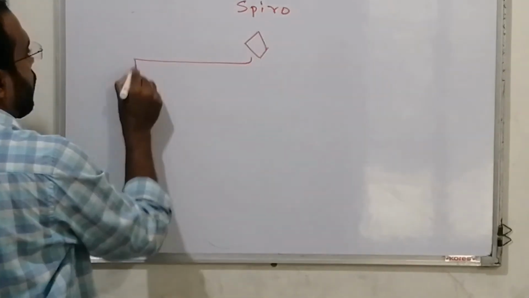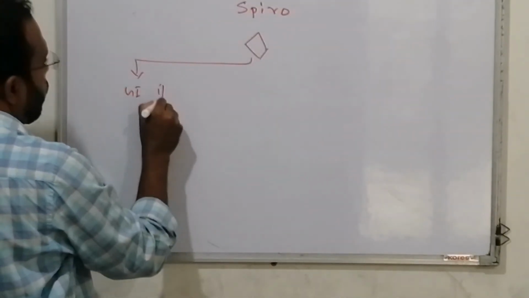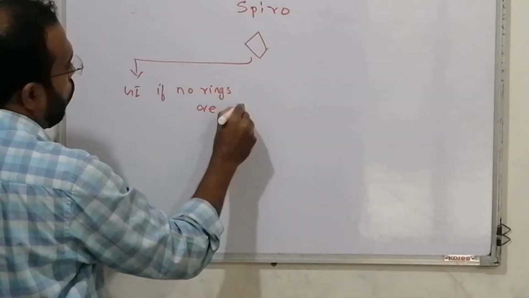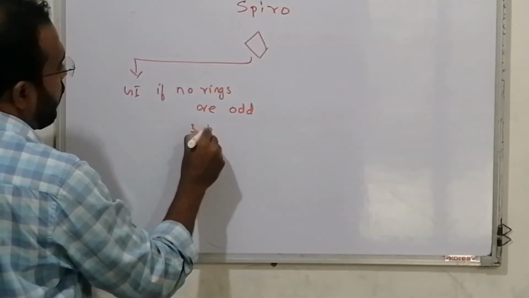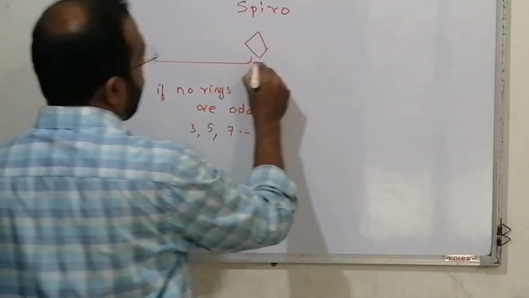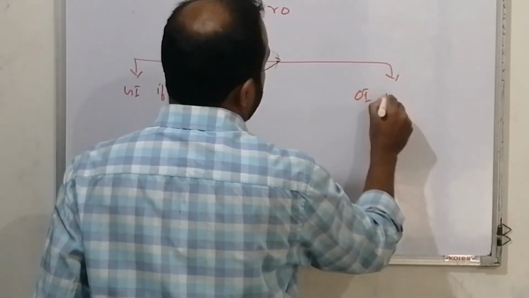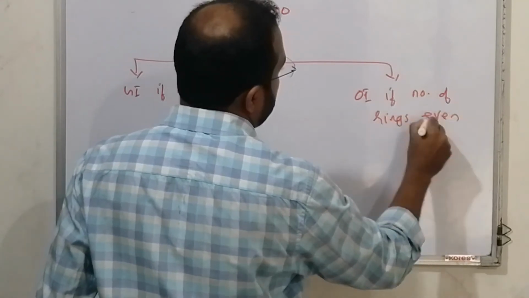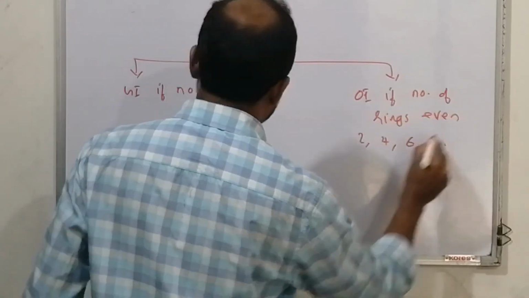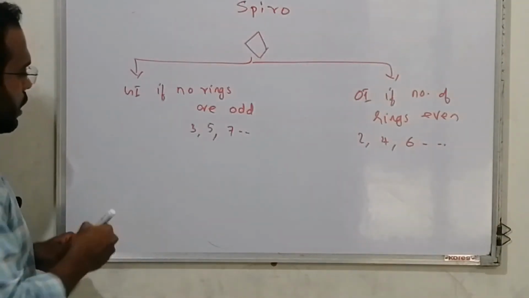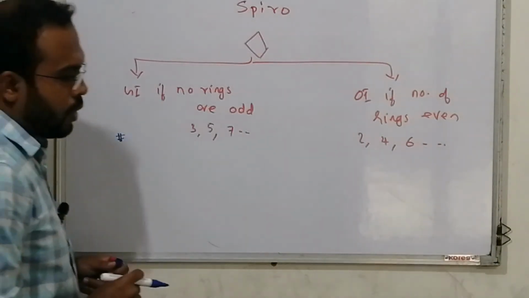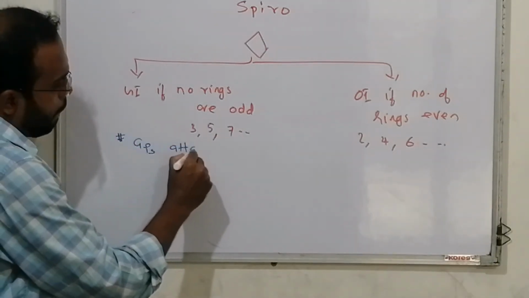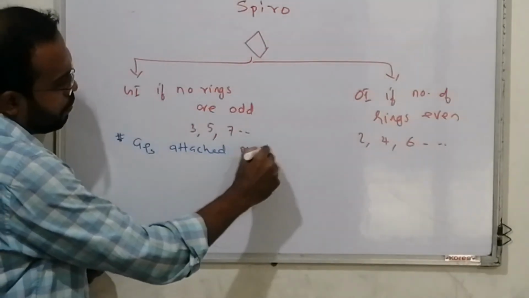It shows geometrical isomerism if the number of rings is odd, that is 3, 5, 7, etc. It shows optical isomerism if the number of rings is even, that is 2, 4, 6, etc. Not only that, here one more condition, the groups attached must be different.